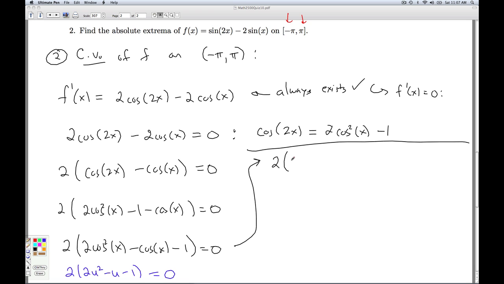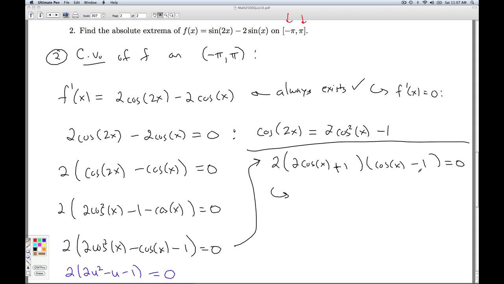And I get 2 cosine x plus 1 times cosine x minus 1. If you multiply that out, you get 2 cosine squared x minus 2 cosine x plus cosine x minus 1.